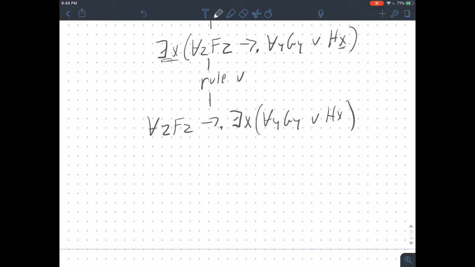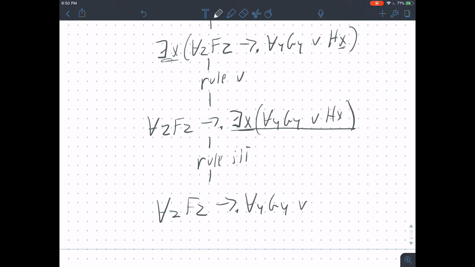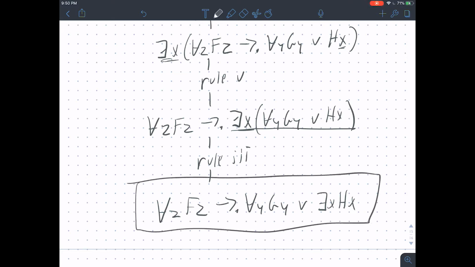And then the last thing we have to do is apply the rule for existential quantifiers and alternation, which I think is rule 3, which gives us that, and that is purified.